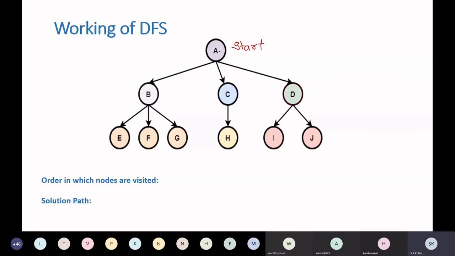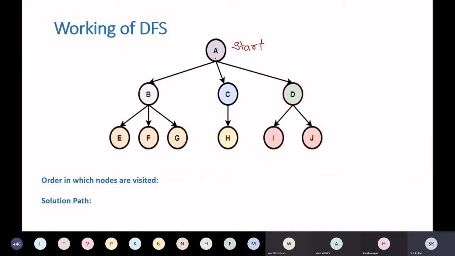Now, from the problem domain, it is found that three rules can be applied on this current state. You recall the example of the water jug problem. How many rules can be applied from the initial state S0? Two rules can be applied.